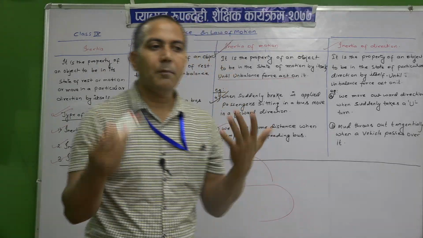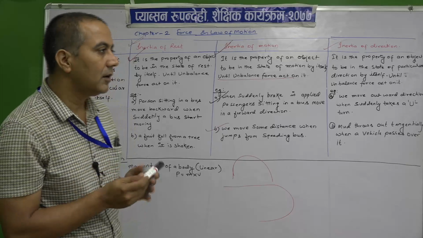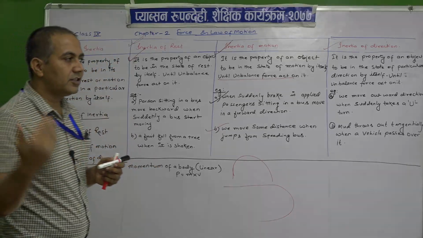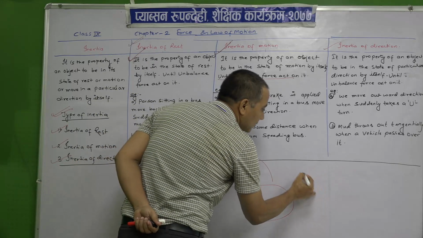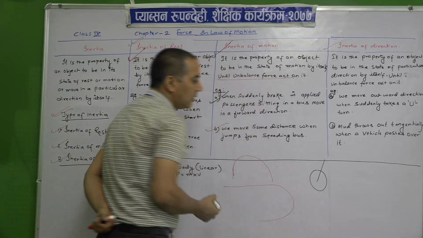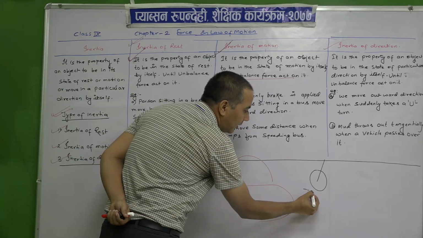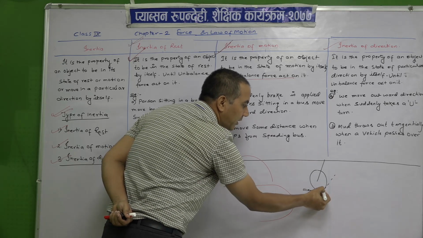While driving a bicycle or other vehicles during the rainy season, there are mud and water. Suppose you are driving a bicycle like this, then what happens? The water present on the ground will spread like this.